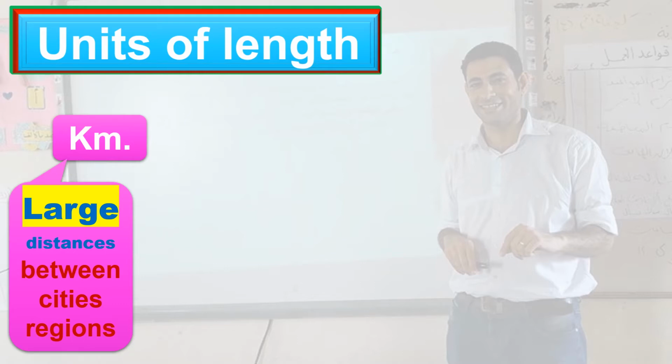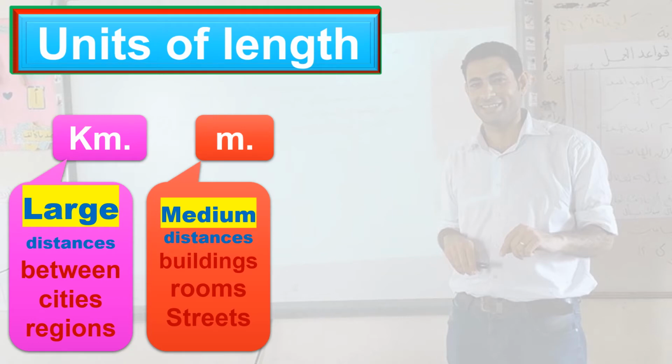Like between cities and regions. يعني المسافات اللي ما بين الدول أو المدن والأقاليم بنستخدم الكيلومتر لقياس المسافات الكبيرة. This is the first measuring unit of length. يبقى أول وأكبر وحدة بنستخدمها لقياس المسافة هي الكيلومتر.